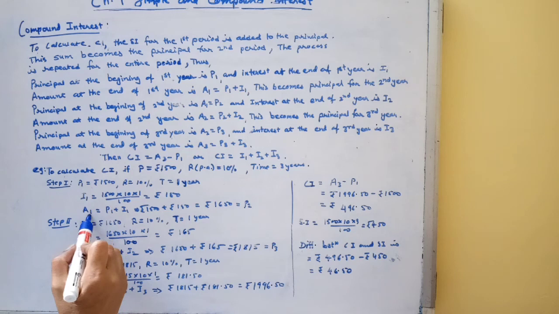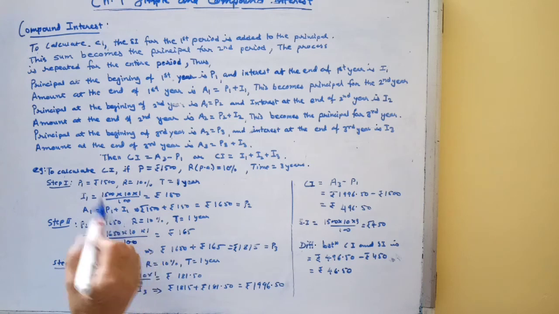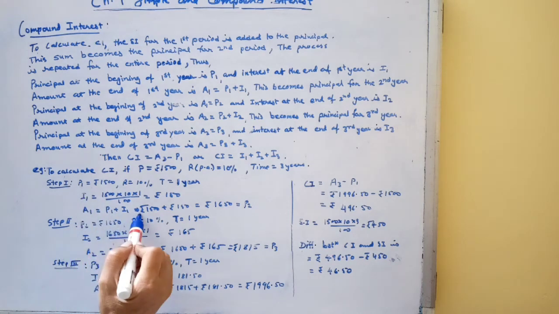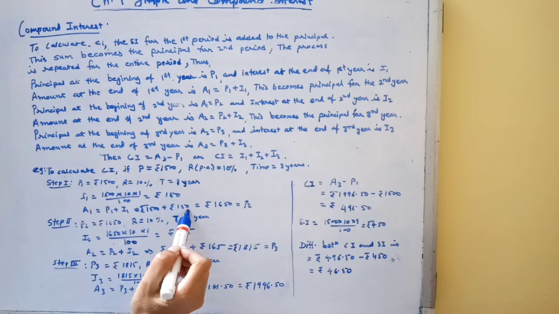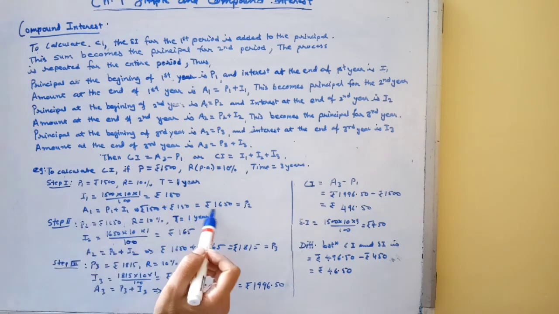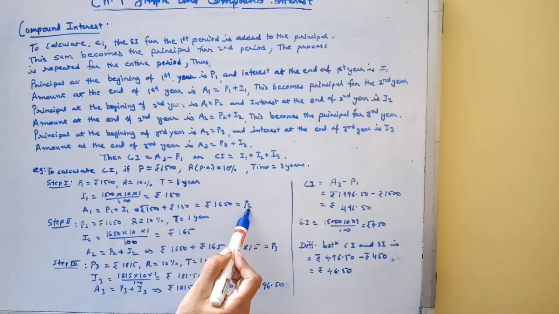Now find the amount 1, that is principal 1 plus interest 1, the principal for the first year and the interest for the first year, that is rupees 1500 plus rupees 150. Then we will get the amount for the first year as rupees 1650, that is the principal for the second year.